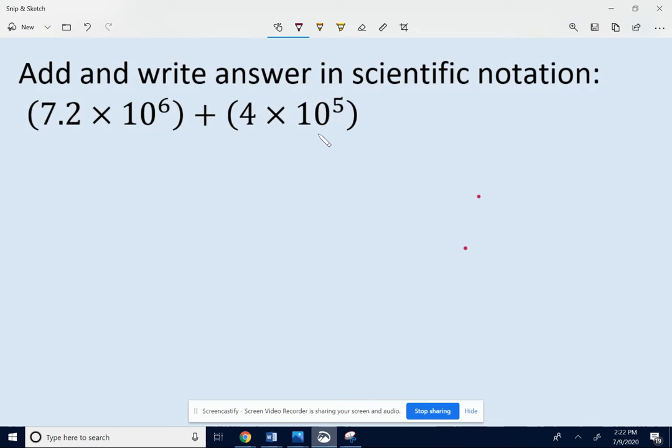And what I'm going to do is multiply by 10, or 10 to the 1st. Because if I multiply 10 to the 5th times 10 to the 1st, I'm going to get 10 to the 6th, which is what I want. Okay, but I can't just take that second number and multiply by 10. I've got to also take that second number and then divide by 10.